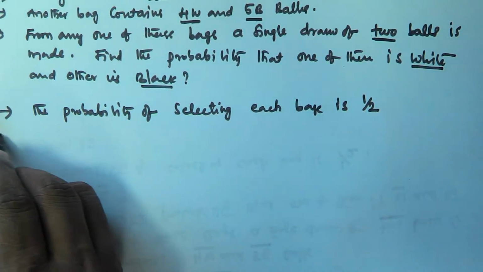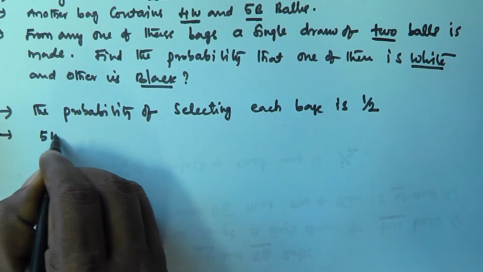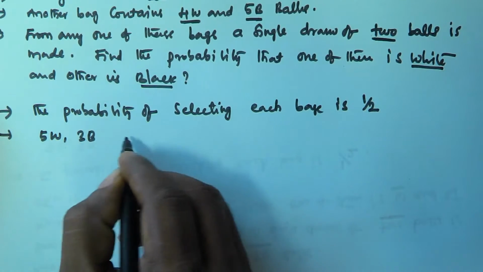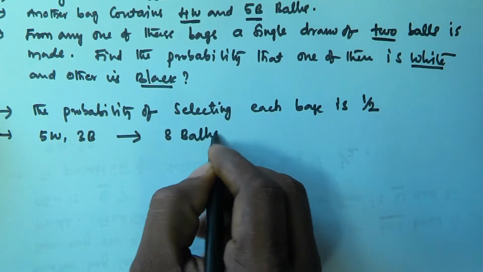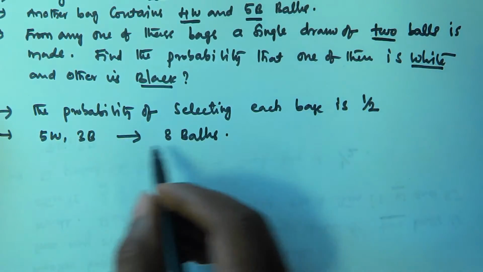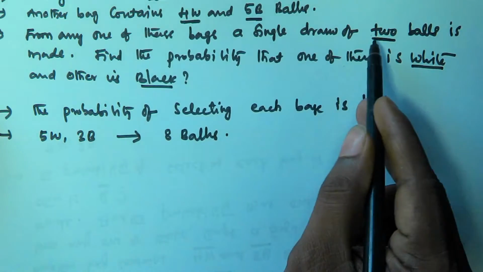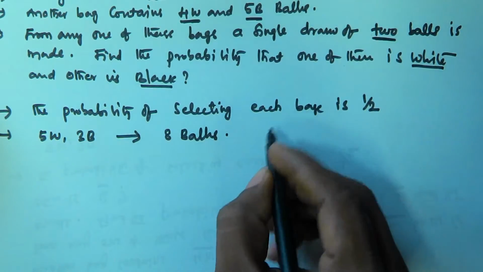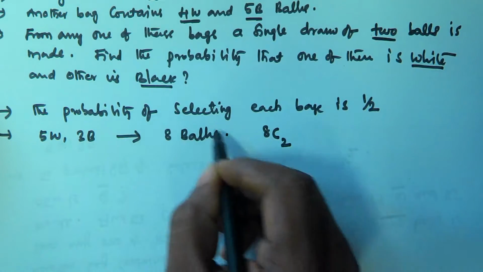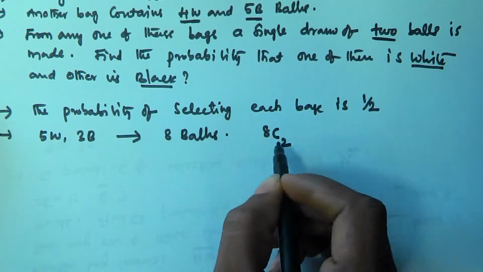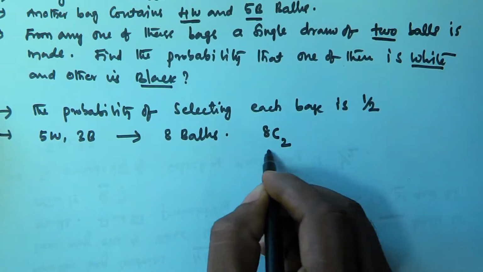Next, for example, let us assume we have selected the first bag. We know the first bag contains 5 white balls and 3 black balls, so in total it contains 8 balls. The total number of ways of selecting 2 balls out of these 8 balls is 8C2.